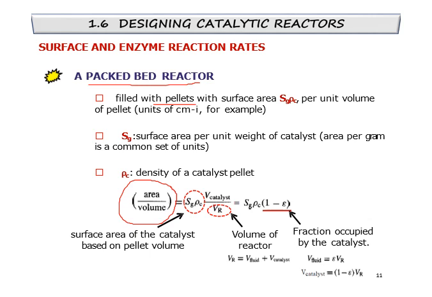Therefore, area over volume is also the same as surface area of the catalyst times density of the catalyst times volume of catalyst divided by volume of reactor.